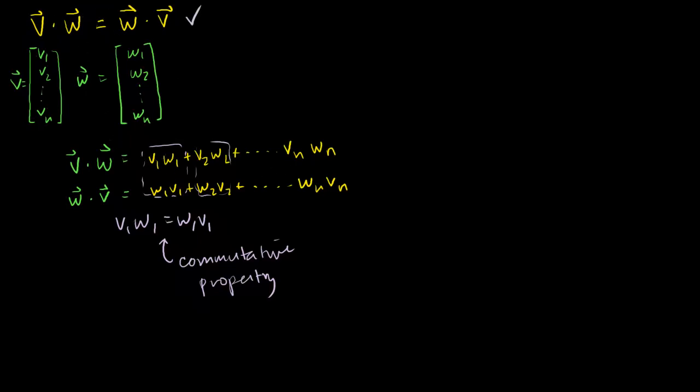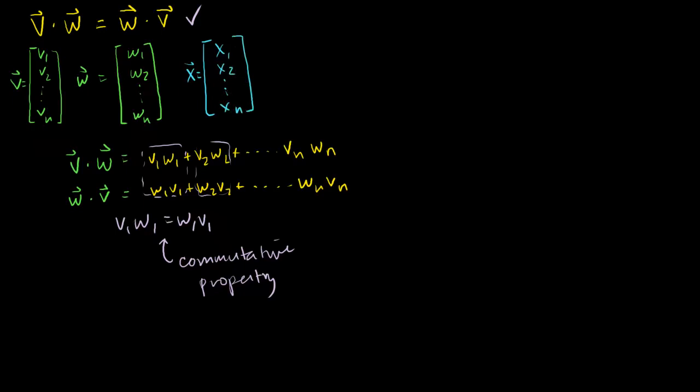Now the next thing we could take a look at is whether the dot product exhibits the distributive property. So let me just define another vector x here, x1, x2, all the way down to xn.